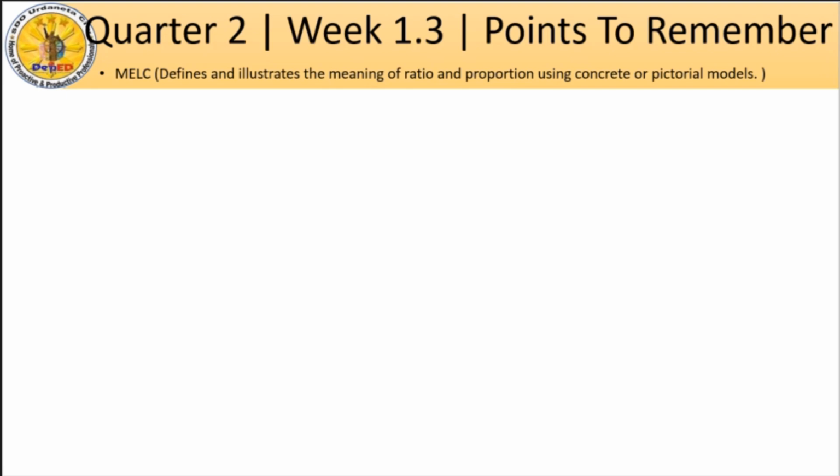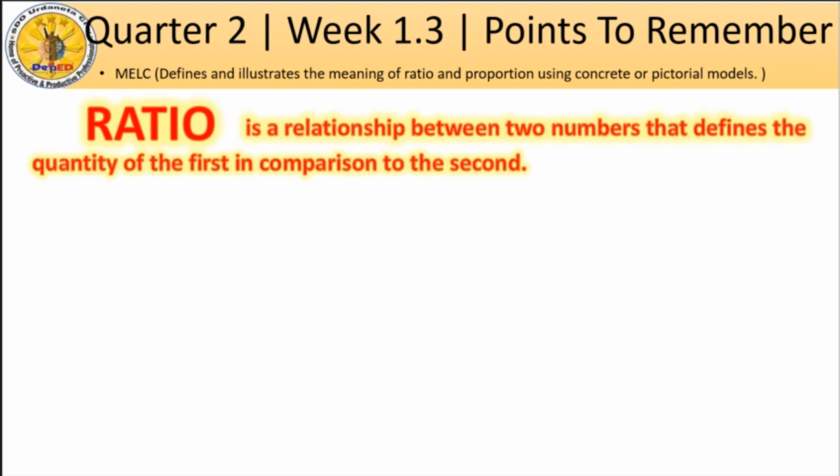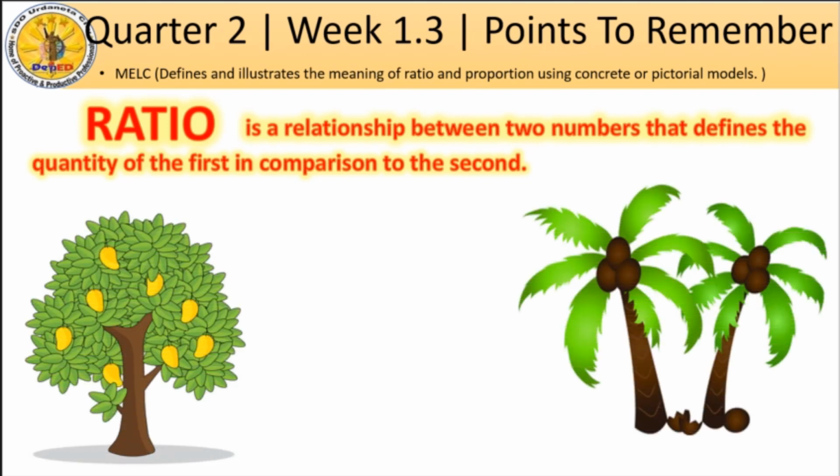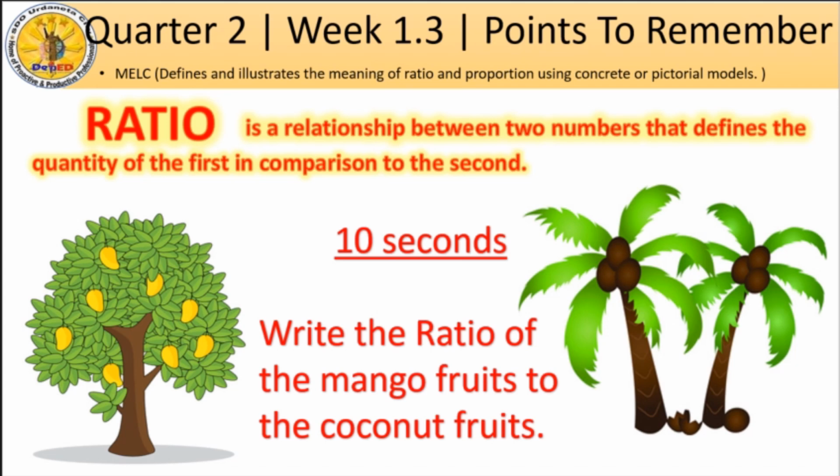In the first instructional video, we had discussed the definition of ratio. Can you give me the definition of ratio? Correct. A ratio is a relationship between two or more numbers that defines the quantity of the first in comparison to the second. We have here an example. In these pictures of two kinds of fruit-bearing trees, write the ratio of the mango fruits to the coconut fruits.